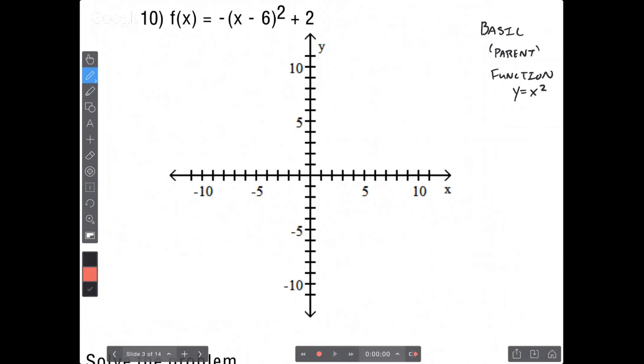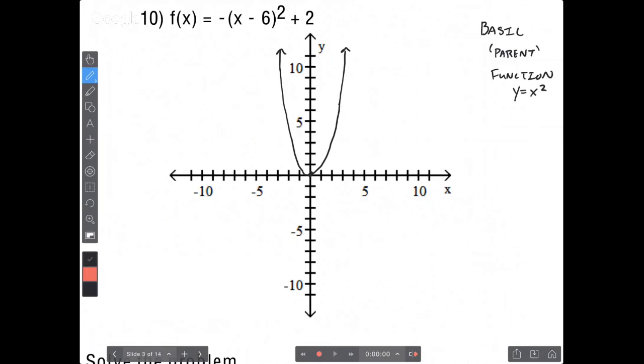So I'm going to graph a nice parabola. A little uneven there. Go up the same amount on that side. There we go. Cool.